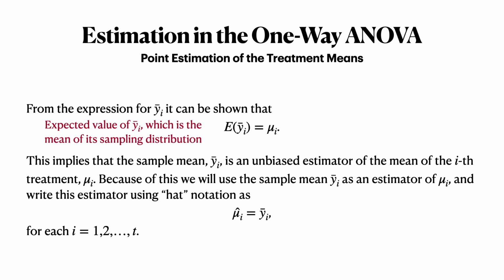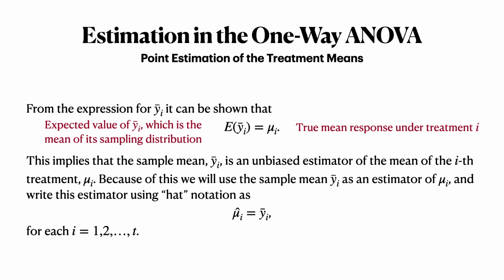Now from the expression for y bar sub i, it can be shown that the expected value of y bar sub i is equal to mu sub i. That is, the expected value of y bar sub i, which is the mean of its sampling distribution, is equal to mu sub i, which is the true mean response under treatment i.